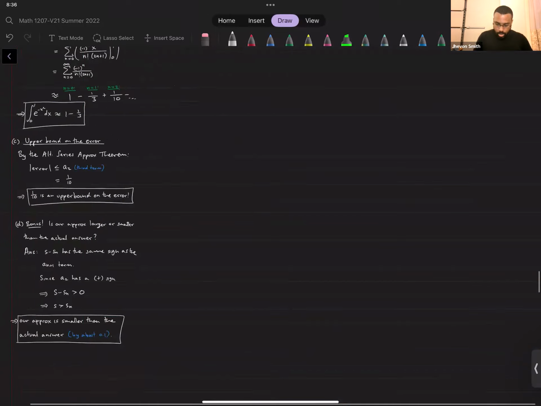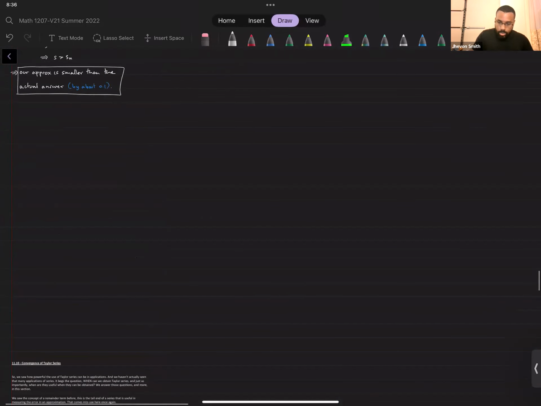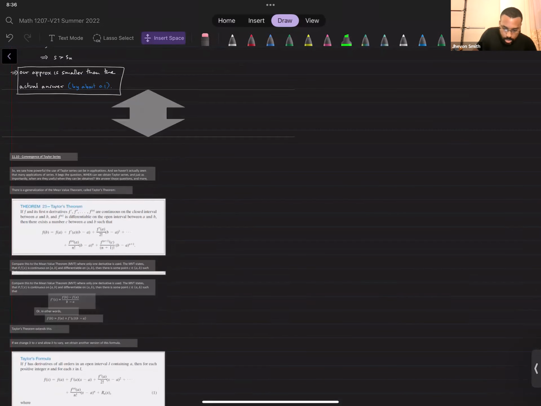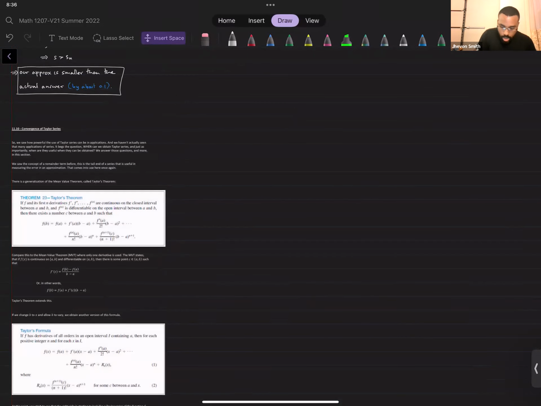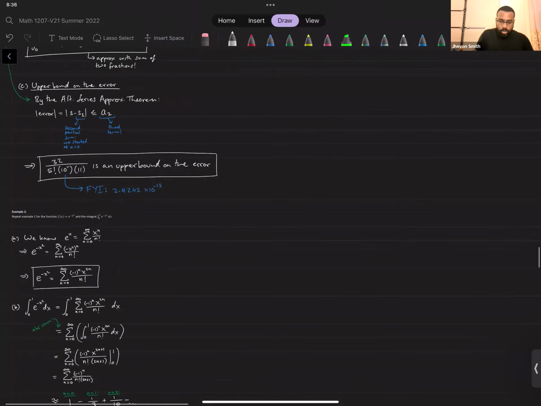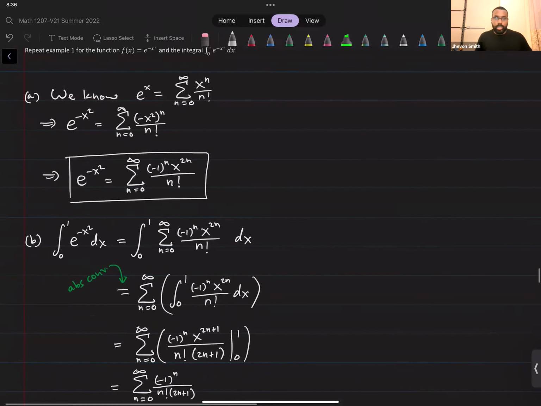So any questions on this problem type? Like I said, it's a very important problem type. It's the most important application for a series that we're going to be using. Generally speaking, with series there are 2 big classes of problems that I'm going to ask you. I'm going to ask you to tell me whether or not a series converges, and I could ask you the kind of convergence, absolute versus conditional, or diverges.